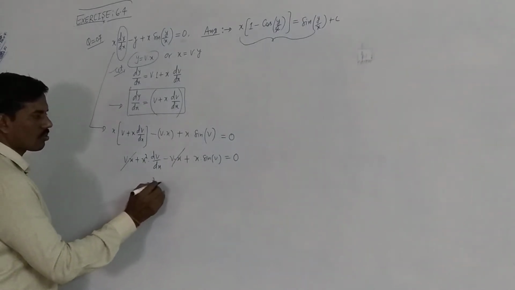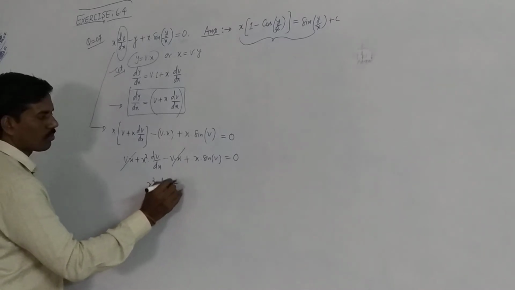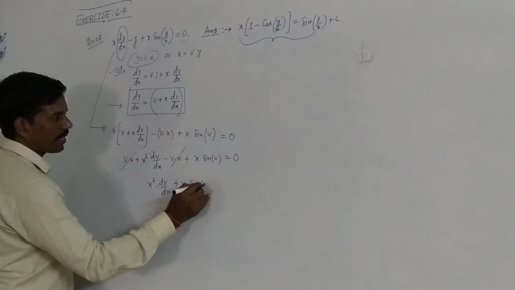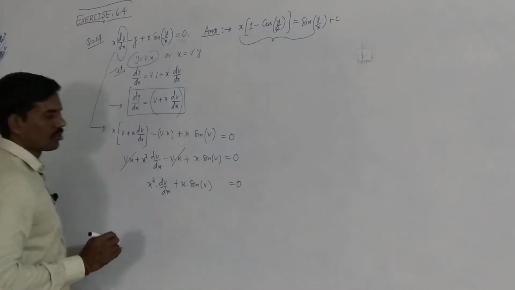We have x square dv by dx plus x into sine of v is equal to 0.